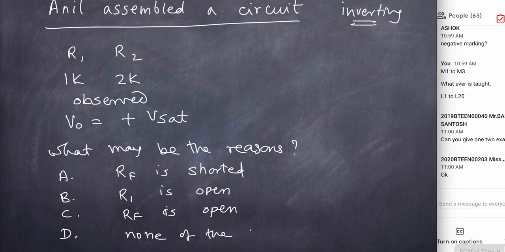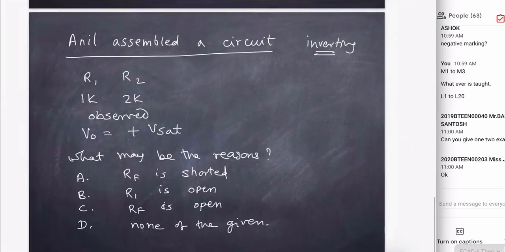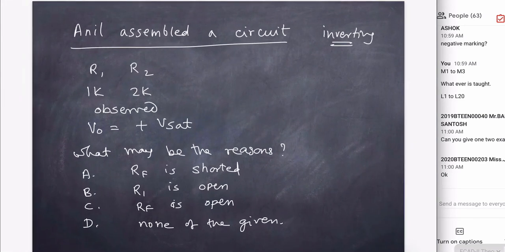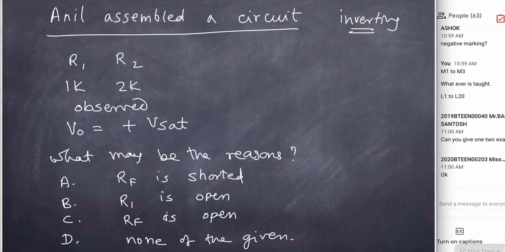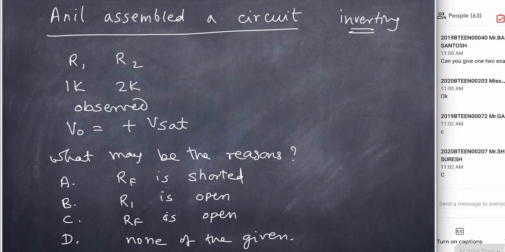None of the given. Now tell me which is the correct answer. R1 and R2 are given, the inverting amplifier circuit is also specified, output is Vsat. Do you need to think now? C, correct. C is the correct answer.